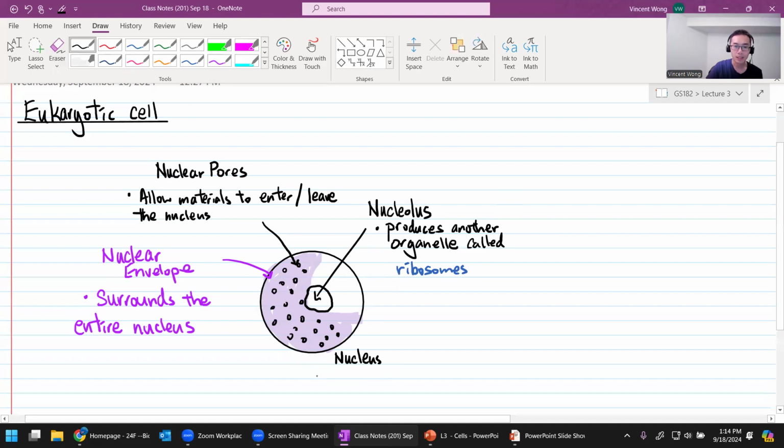So back to the nucleus for a second. One of the key functions of the nucleus is that it contains genetic material. And you should know our genetic material is DNA. But there is a lot of DNA.